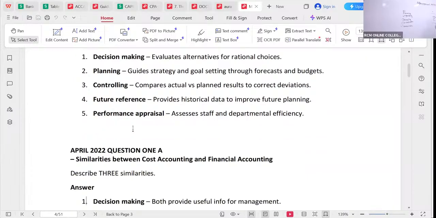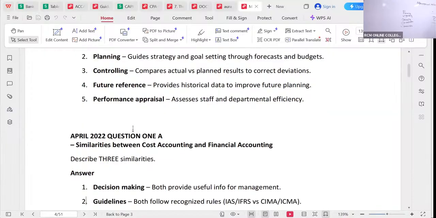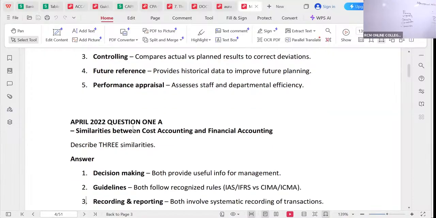Now I can go to the next topic, because you can see there are similarities between cost accounting and financial accounting. Are they similar? Yes. In decision making, both provide useful information for management. Both follow recognized rules. Even if management accounting is quite flexible, it still follows what we call CIMA, the Chartered Institute of Management Accountants.